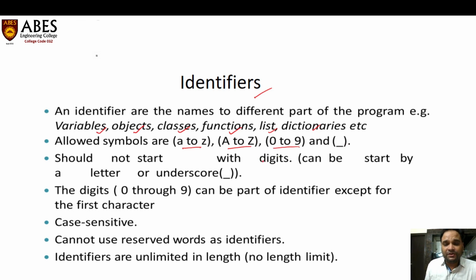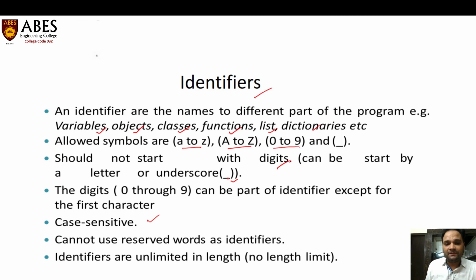By convention, we should not start any identifier with a digit, although we can use an underscore as the first character. Identifiers are case sensitive, and keywords cannot be used as identifiers. For example, if I save my name as a variable, say hello inside the variable x, we cannot use False or True in place of x.